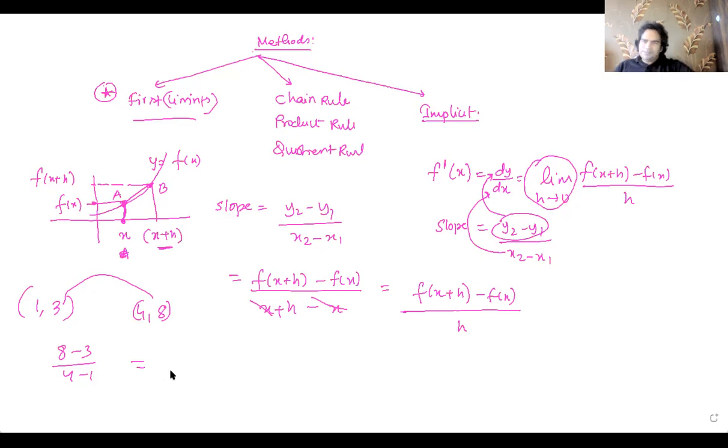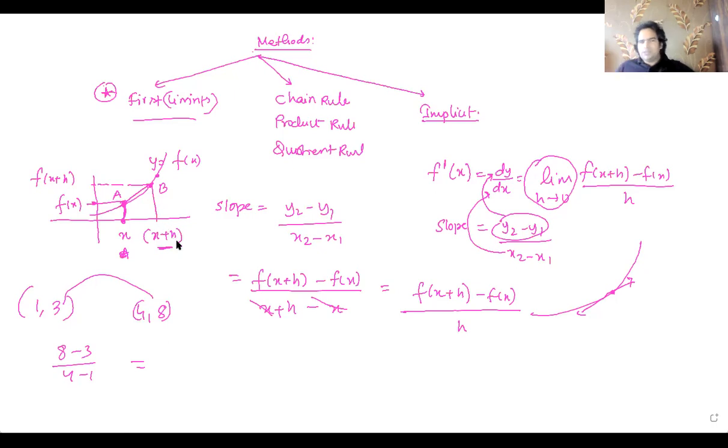Now, when I want to find the slope at a single point, which is also referred to as the instantaneous rate of change, that is the slope at any fixed point. Let's say there's a curve and I want the slope at this particular point. When you have instantaneous change of slope, what matters most is that you consider that these two points are not very far apart.